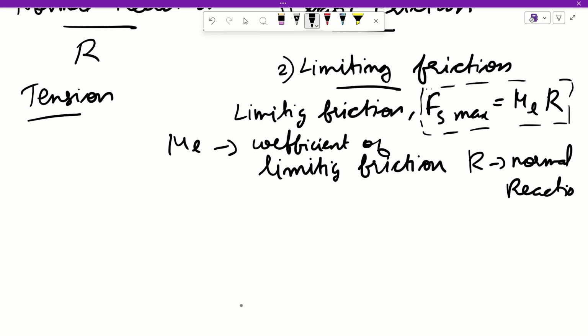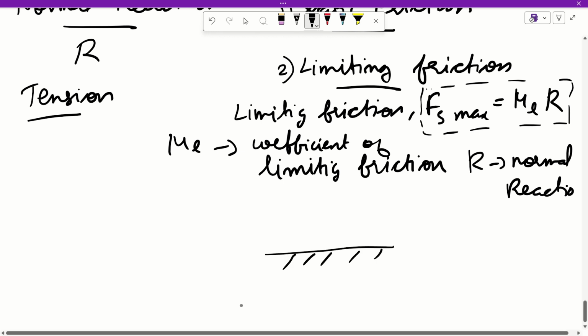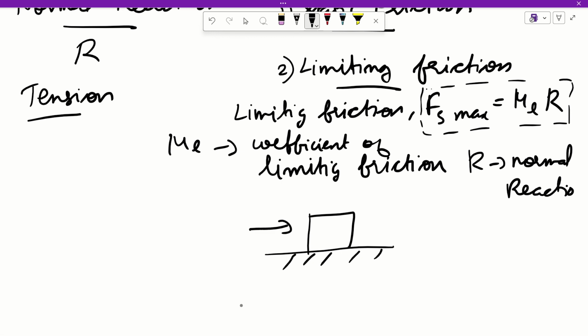Limiting friction does not depend on the area of contact surfaces but depends on their nature, that is smoothness or roughness. Let's say we have an object. If a force F is applied, then the limiting friction will be in the opposite direction, that is Fs max.